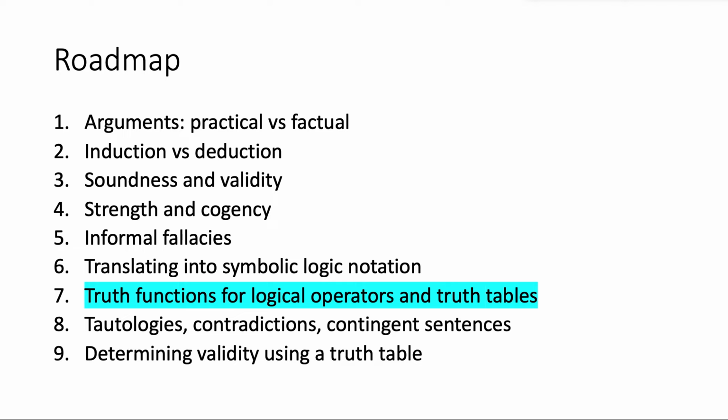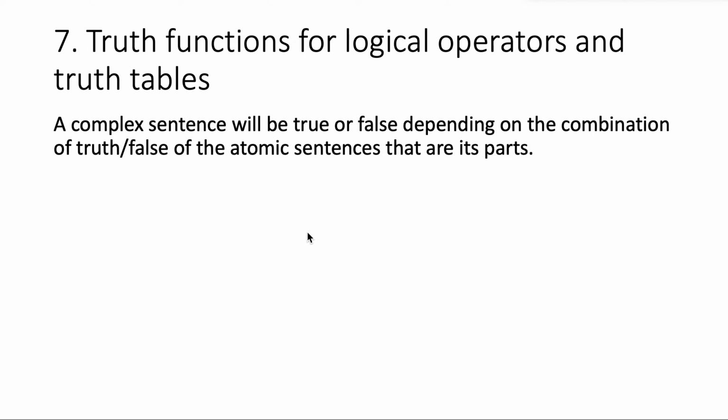Okay, now we're going to talk about truth functions for logical operators and truth tables. Okay, so first thing to note is that a complex sentence, a sentence that has a logical operator in it, not a sentence like P or Q, okay, those are atomic sentences. A complex sentence is going to be true or false depending on the combination of truth or falsity of the atomic sentences that are its parts.